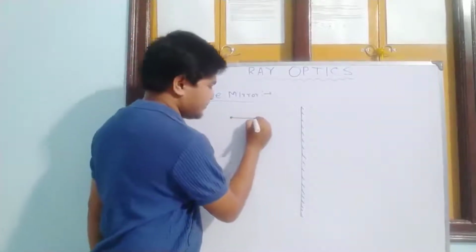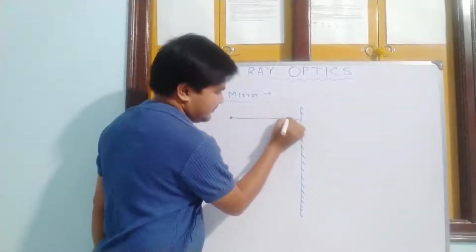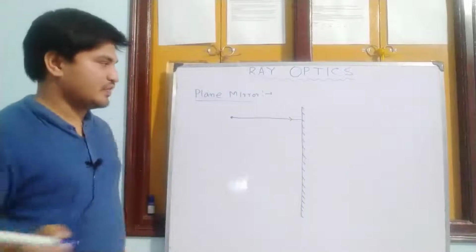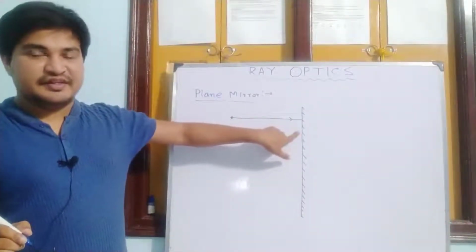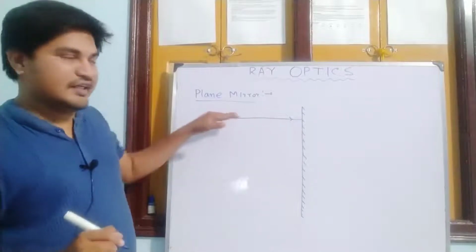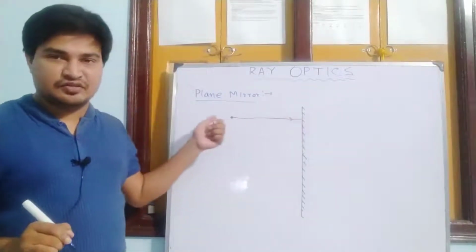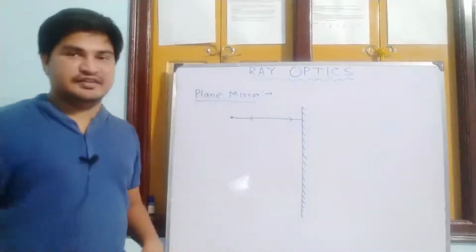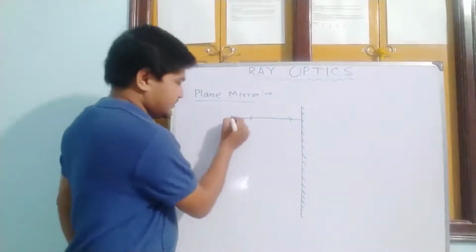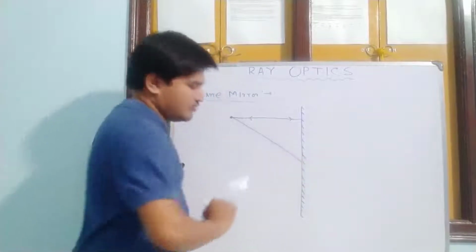So light rays will travel in this direction, and as the ray falls normally on the surface, in case of normal incidence, the light ray will be reflected back through the same path. So the light ray will reverse back in this direction, and another ray falls on this surface.